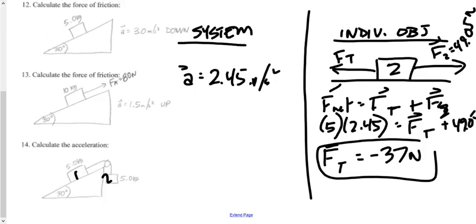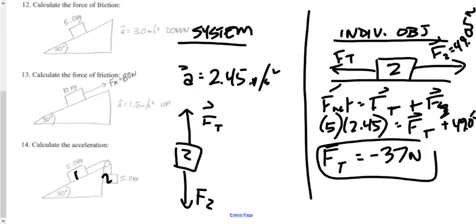Well, the block, like this object number 2 block, you mean? It's going downwards, but the way that I drew my force diagram, it's going to the right. Does that make sense? So what you could have done is kind of analyze it like this. And in that case, we would have said F2, the force of gravity there, would be a negative value.